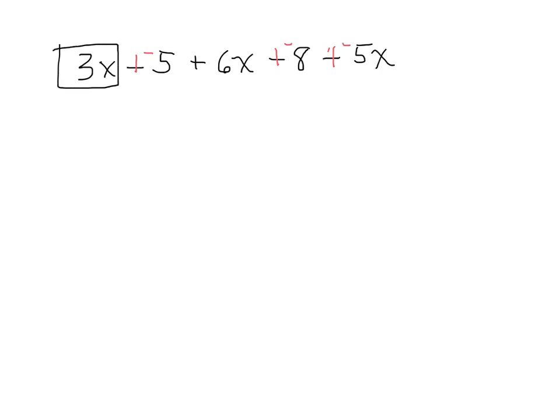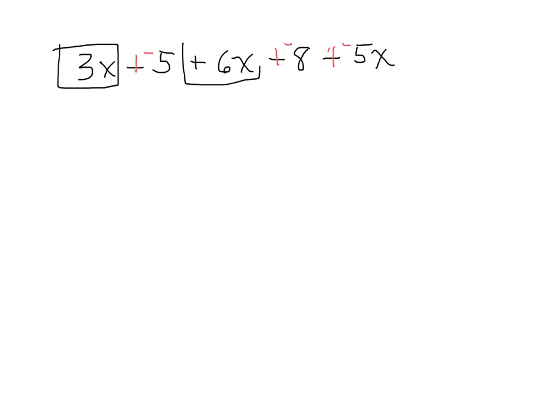Example, if I have 3x minus 5 plus 6x minus 8 minus 5x, I'm going to be combining all of these like terms. In the beginning, you probably want to change all of the subtraction to adding the opposite. Then you group the like terms, starting with the variables.